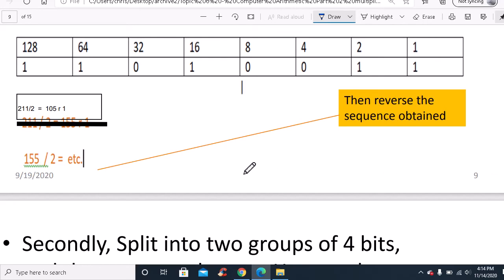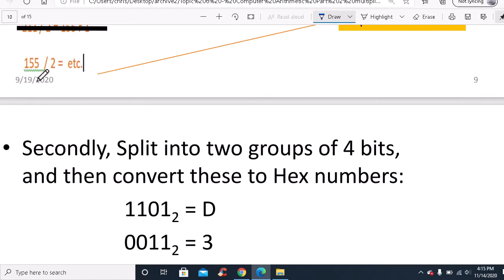You simply reverse the sequence to get the binary number. So the idea is that you repeatedly divide the given number by 2 until you can't divide it anymore, and then you reverse the sequence you've actually obtained.